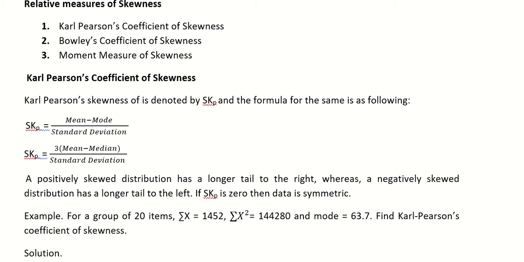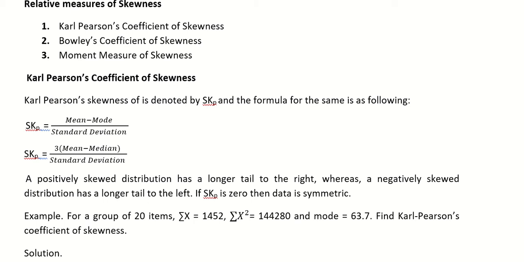As we discussed in the last lecture, skewness is when your data is not normally distributed. It may be skewed to the left or to the right, negatively skewed or positively skewed. It is very important that your data should be normally distributed, as it makes prediction easier.